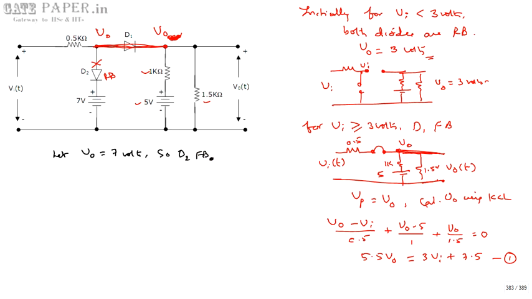Whenever D2 becomes forward biased, it acts as a short circuit. So this is acting as a short circuit. Already D1 is under forward bias.